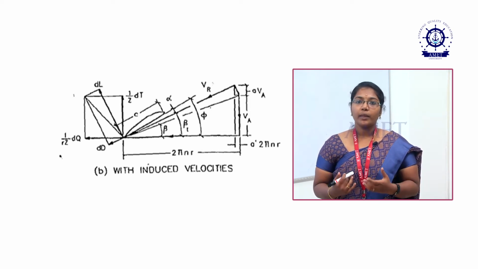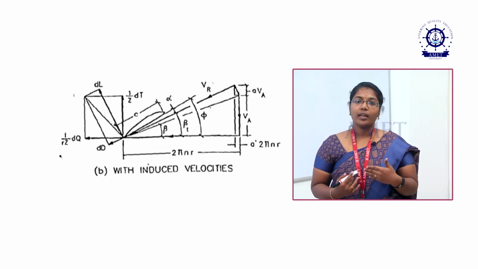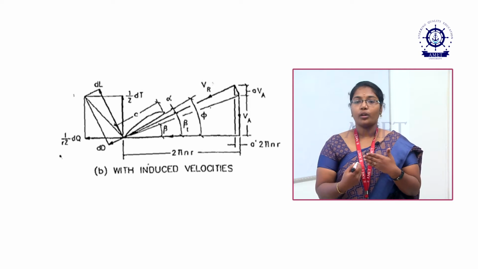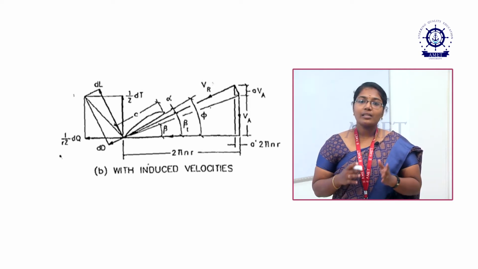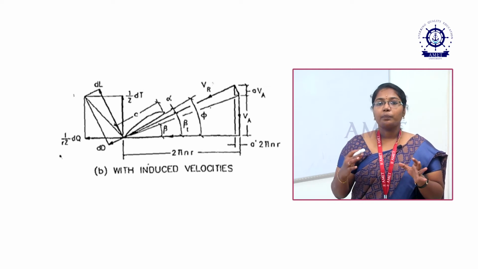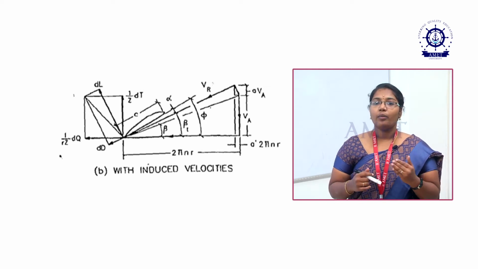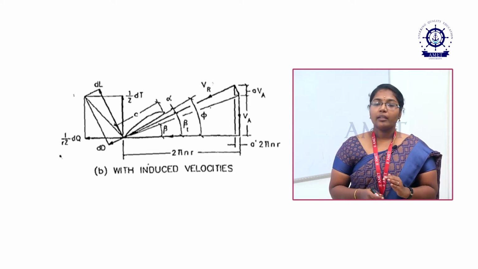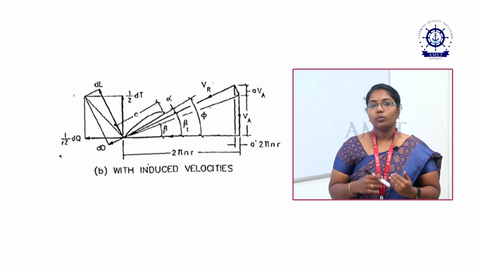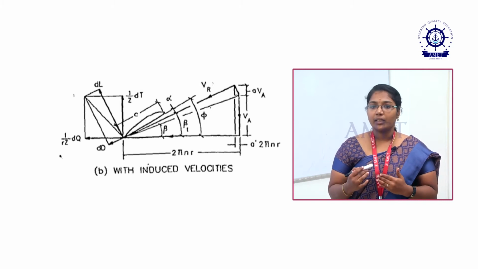Due to the propeller action, our tangential velocity and the axial velocity, which will be in the longitudinal direction, will change. Our tangential velocity will be reduced and our axial velocity, which is VA, will be increased.